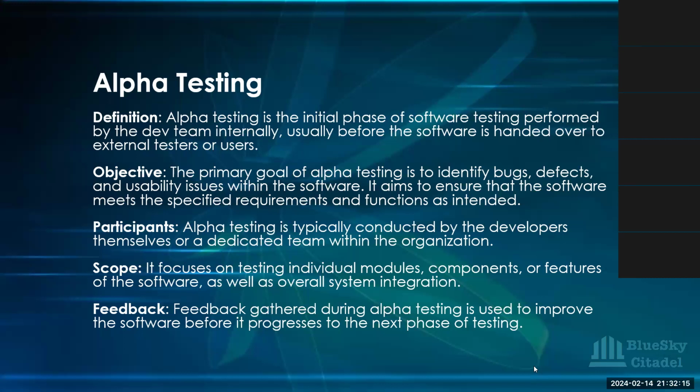It helps minimize the risks of potential issues affecting end users by identifying and addressing issues early in the development process. And I think alpha testing also contributes to delivering more robust and user-friendly products.